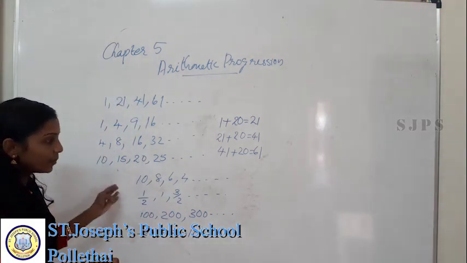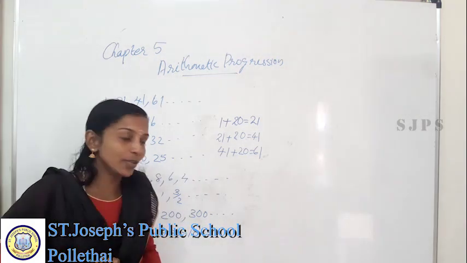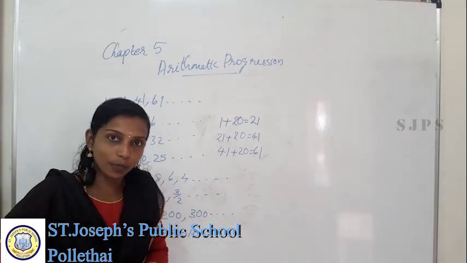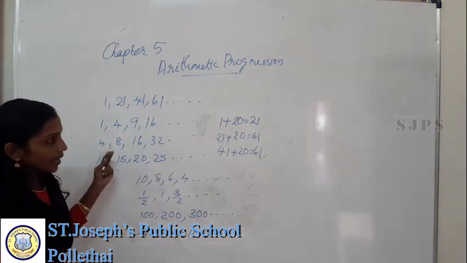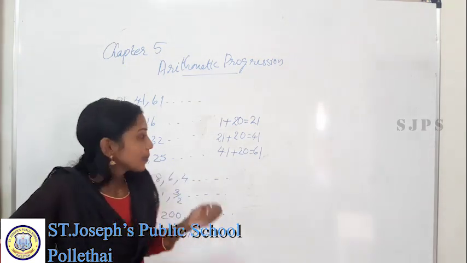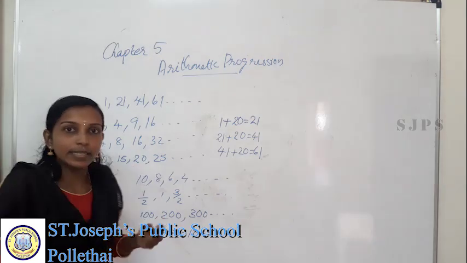An arithmetic progression is a collection of numbers in which the successive terms are obtained by adding a fixed number to the preceding number, except the first number.